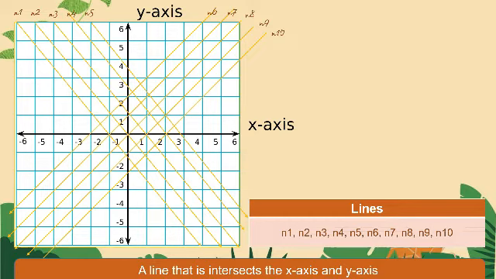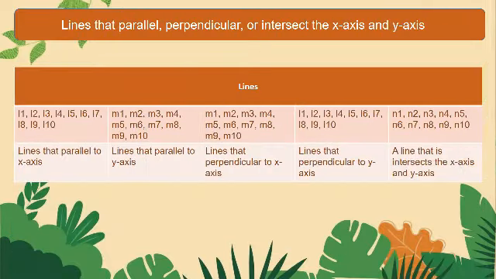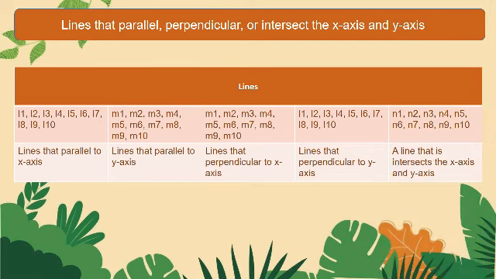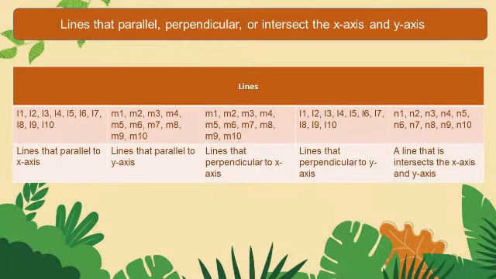From the figure, we can make a table and determine which lines are parallel, perpendicular, and intersect the x-axis and y-axis. Now that we know the shape of the lines, let's combine our lines into the Cartesian coordinate.